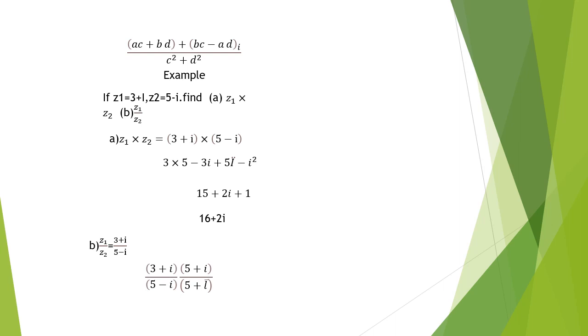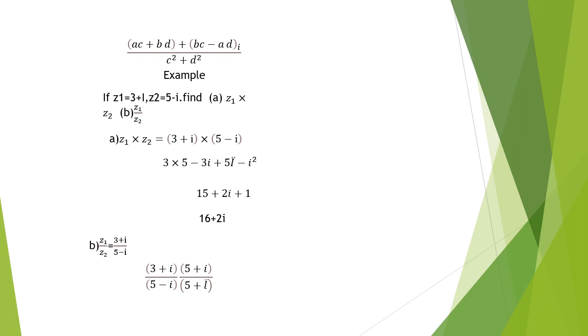And remember, the first step is to rationalize the expression with the conjugate of the denominator. In this case, our denominator is 5 minus i, so that means the conjugate will be 5 plus i. Now we multiply both numerator and denominator by 5 plus i. It gives us (3 plus i) in brackets (5 plus i) over (5 minus i) into bracket (5 plus i).